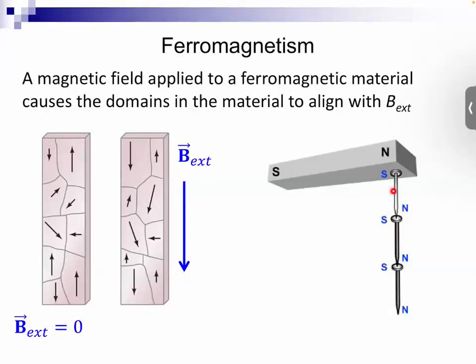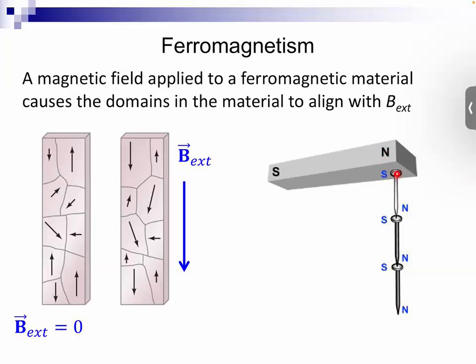So, for example, this iron nail is an example of a ferromagnetic material. You bring it close to a magnet, and its magnetic domains align themselves according to it. The south poles of the electrons are attracted to the north pole of the magnet.